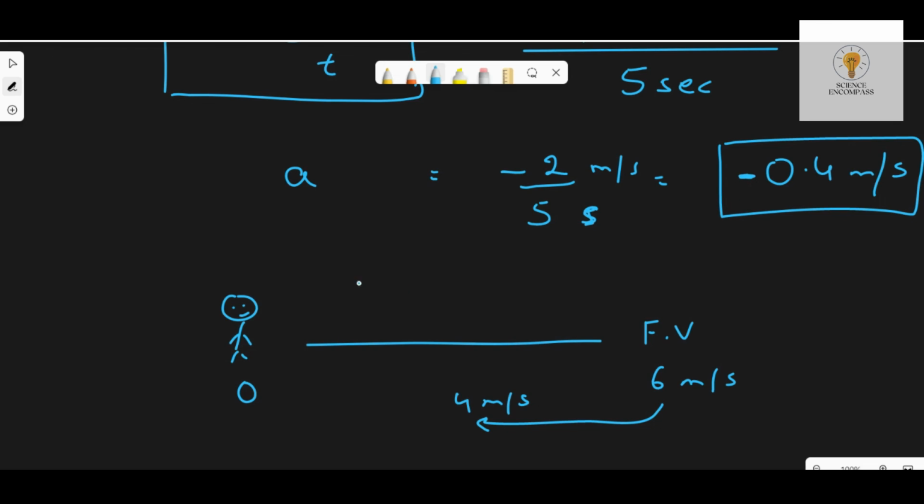Now this is just a pictorial image for you to understand. He started with the initial of 0 meters per second, and the final velocity he got was 6 meters per second. This is for case number 1. For case number 2, he starts off with the initial as 6 meters per second and gets the final velocity of 4 meters per second.